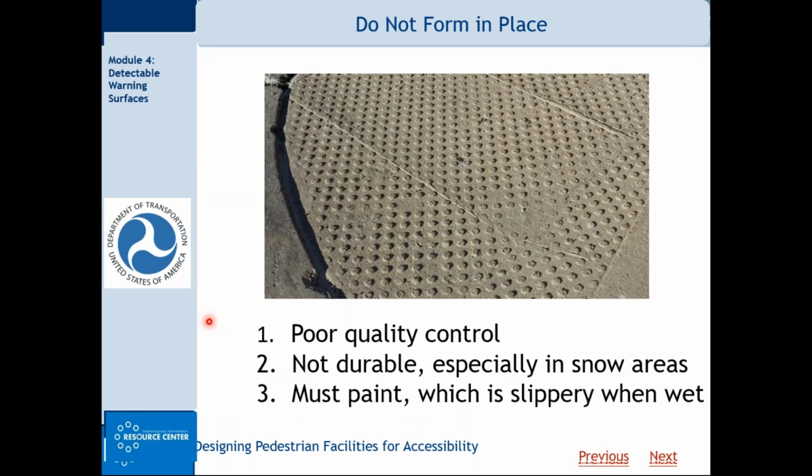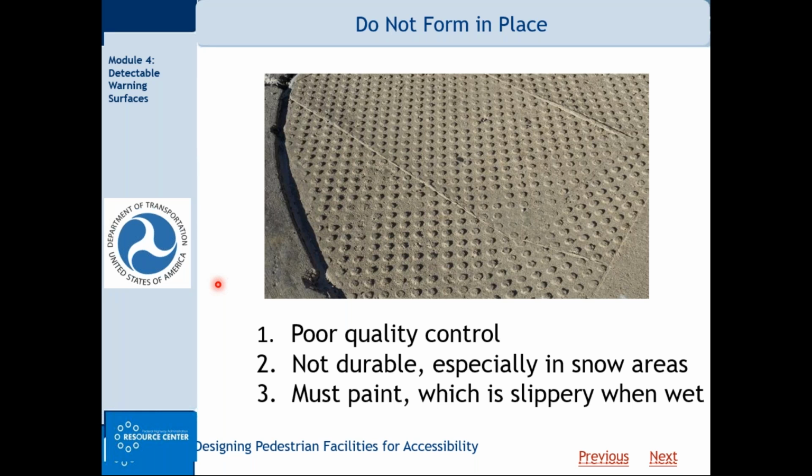I did want to say, though, I don't recommend this at all. And this I mainly see in smaller towns and communities who think they have a low-cost way of creating the detectable warnings. You can purchase rubber mats that have the domes in them, and then you place that over the fresh concrete.